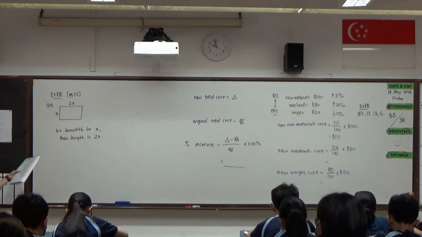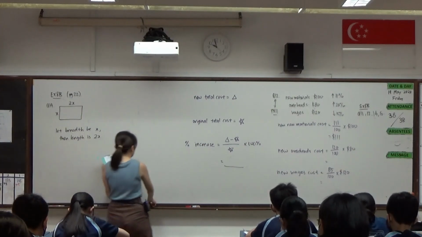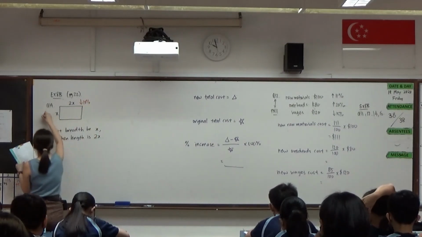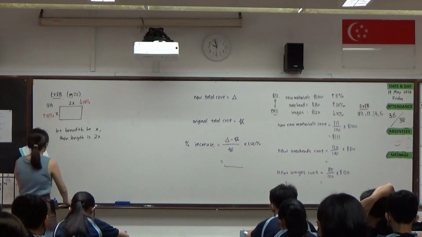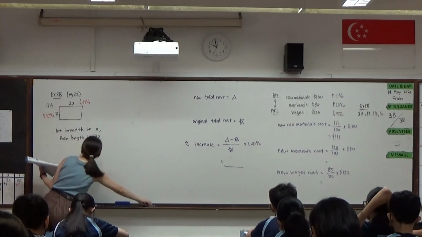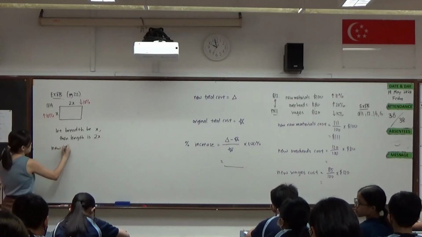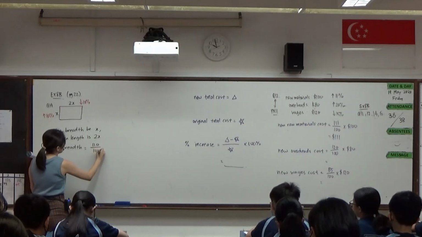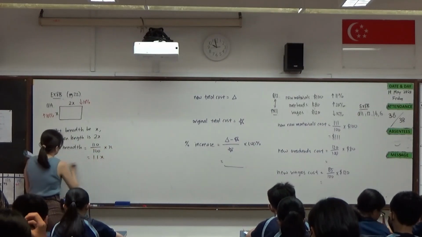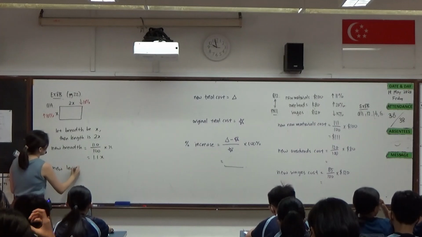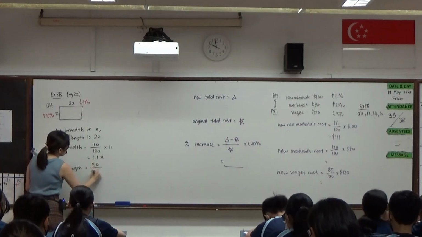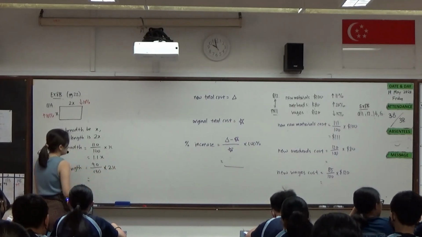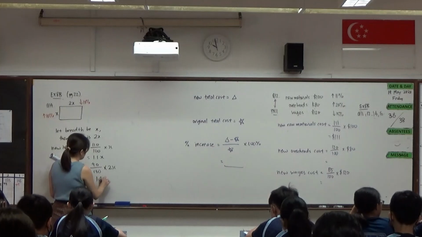And then the question says that the length of the rectangle is decreased by 10%, while the breadth is increased by 10%. Determine if there's any percentage change in its area. So we can find out what is the new breadth, which is an increase of 10%, and also the new length, which is a decrease of 10%, therefore 90% times your 2x, 0.9 times 2, that's 1.8x.